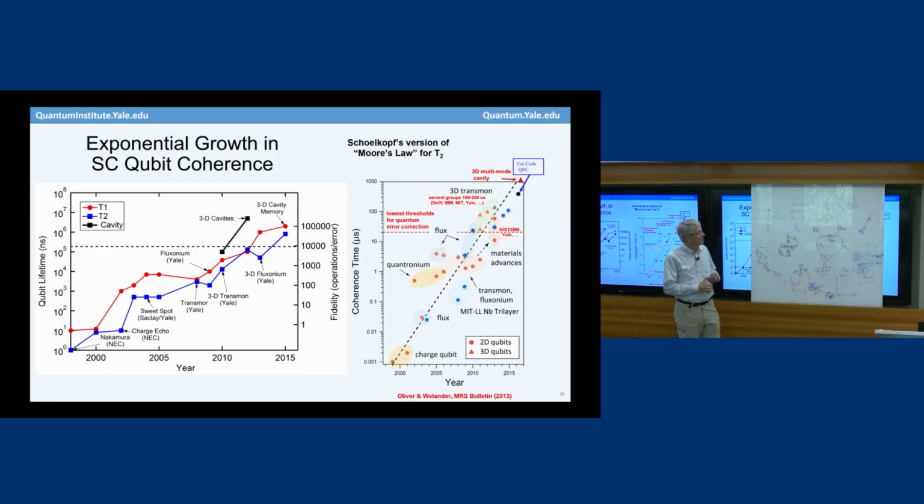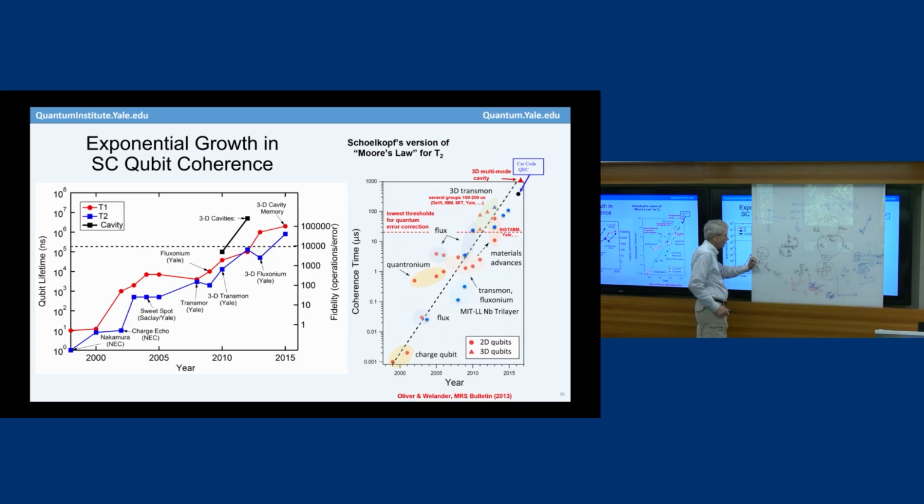The phase might not be changing, but if you collapse from 1 to 0, the superposition is gone. So T1 contributes to the loss of the superposition because it stops being a superposition, and T phi contributes to the loss of the superposition because it messes up the phase. And it just turns out that 1 over T2 is that particular quantity.